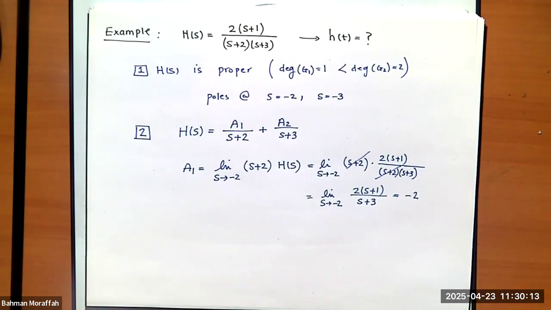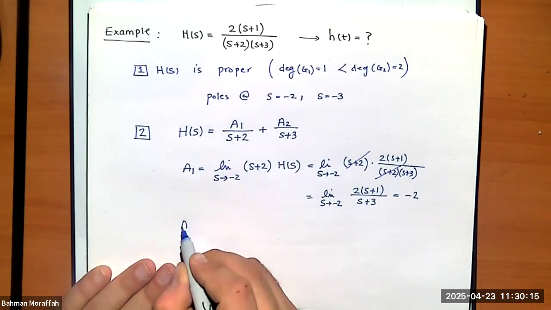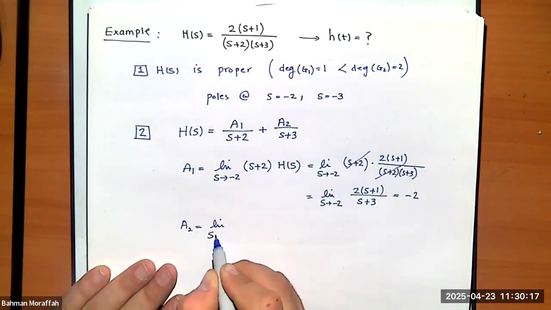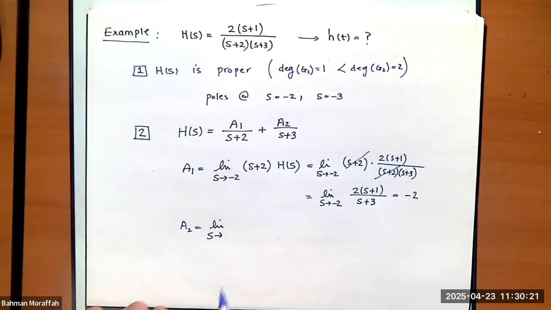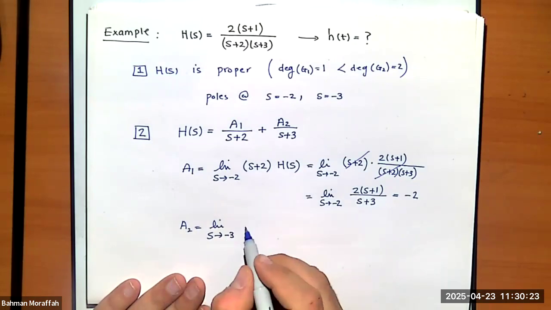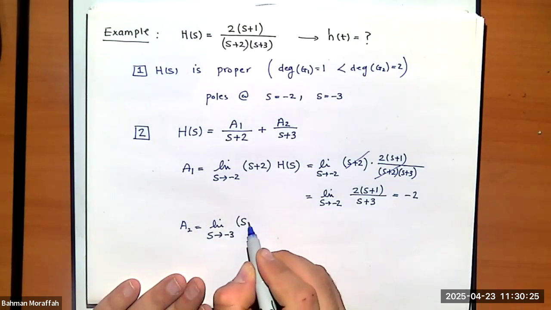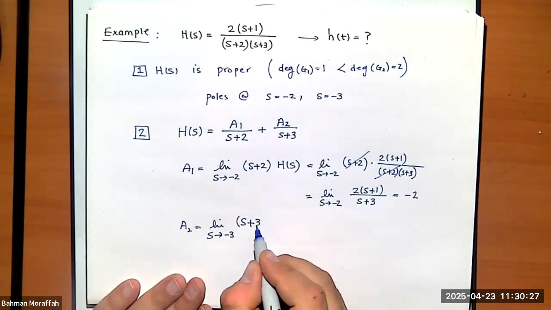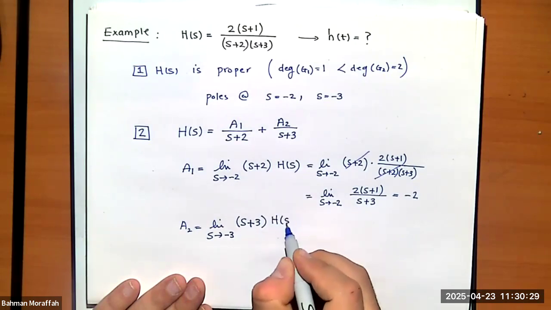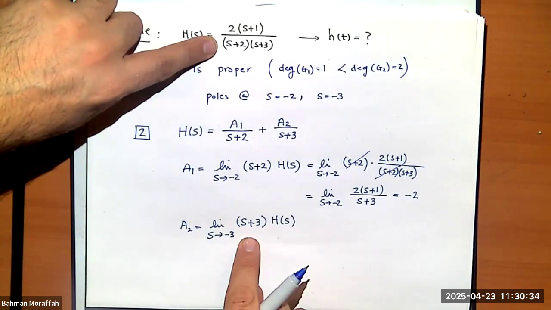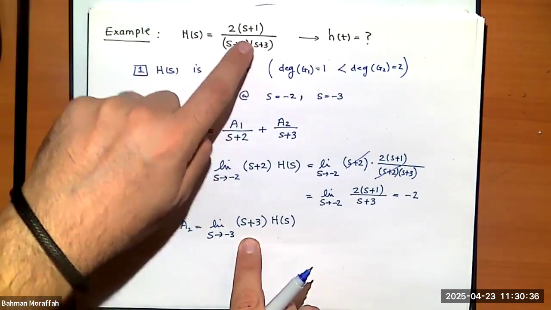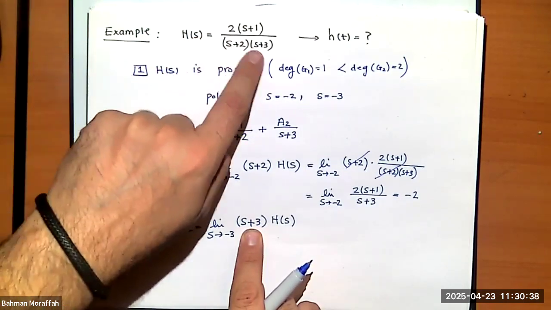I can do exactly the same thing for A2. A2 is the limit as S goes to the third pole, which is at negative 3, of S plus 3 times H of S. H of S is this function. If I multiply H of S by S plus 3, the S plus 3 cancels.